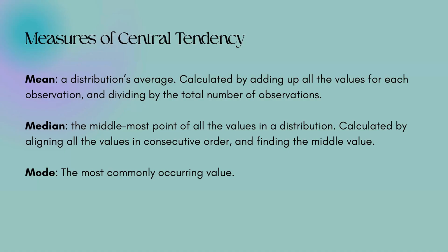And there are reasons for that, and I'll explain that later. And then finally, the mode, the most commonly occurring value, right? So mean, median, mode, you may have heard of these before in an intro algebra class. These are measures of central tendency. They describe what's going on towards the middle or most commonly in our distribution for a variable.